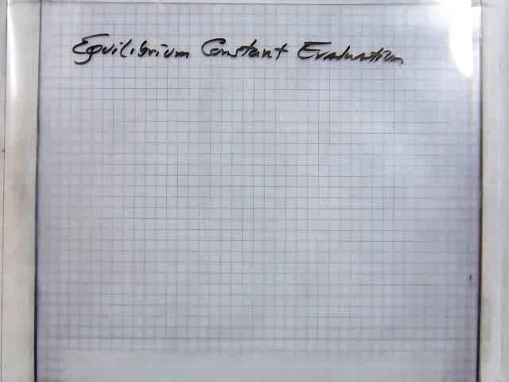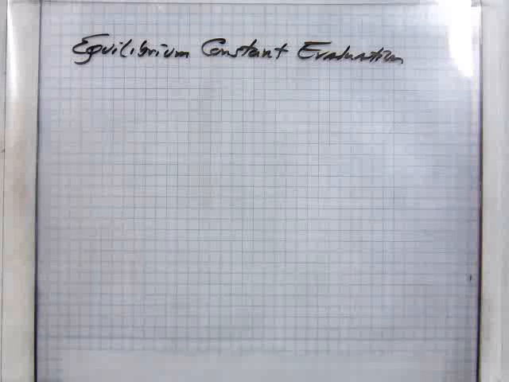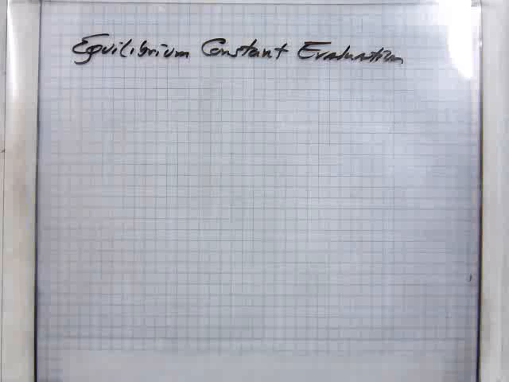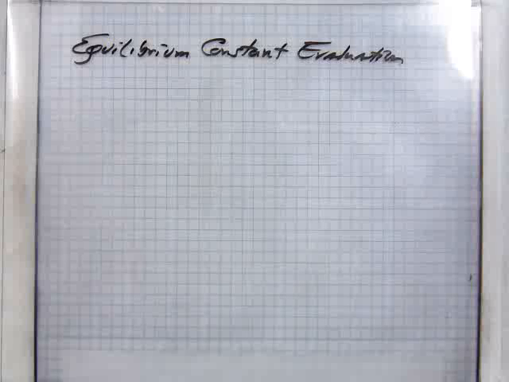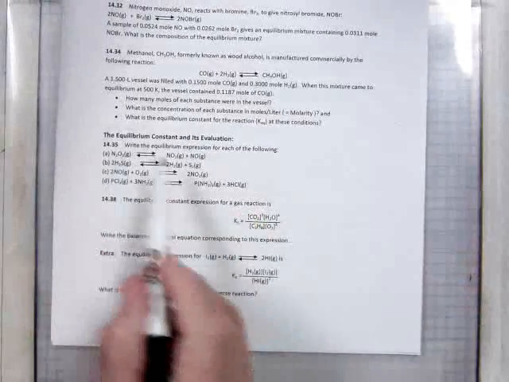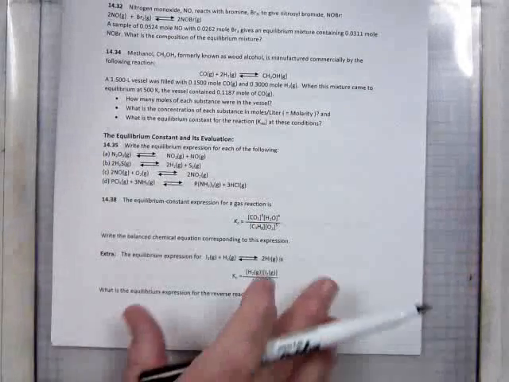The only wrinkle that I gave you today is that if you have a heterogeneous reaction, you exclude solids and liquids. You include all gas phase components in the K value, Kc expression. I was looking down here to see if there is one. No, all of them are gas phase. So in the examples given in 14-35, all of the components would be included in the equilibrium expressions.